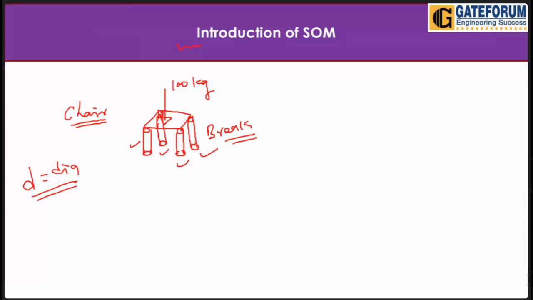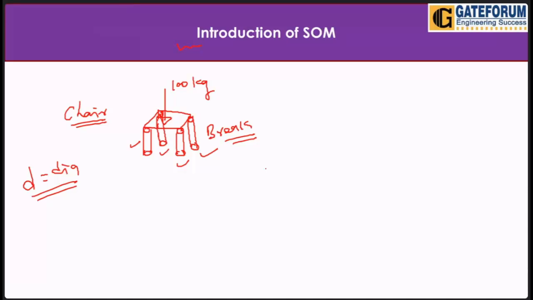But there should be one thing in mind: the diameter should not be over or under. What should be the exact diameter we should use? If we use a very large diameter unnecessarily, it is a wastage of money, because we have to purchase the material. Whether it is a steel chair, an iron chair or a plastic chair, whatever the material, we have to purchase it from the market, so material is not free of cost.